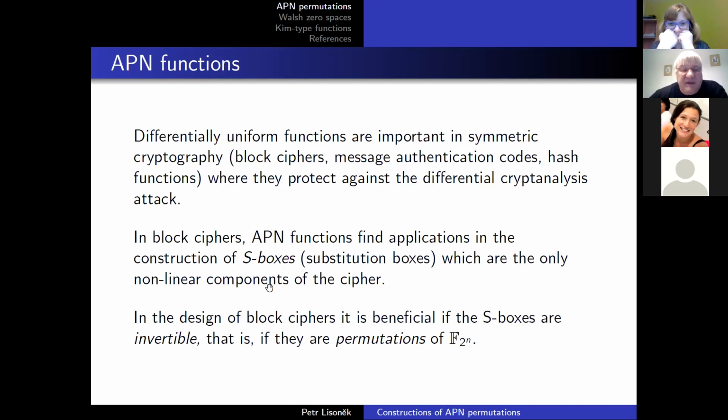And so if we use the APN function to create the S box, if the S boxes are invertible, so there are permutations of the field, then we can use the same circuit for encryption and decryption. Essentially, there are some little tweaks, but essentially we don't need an extra device to decrypt. So the device that we use to encrypt can be also used to decrypt if the APN function is a permutation. So that's why APN permutations are so interesting in cryptography.